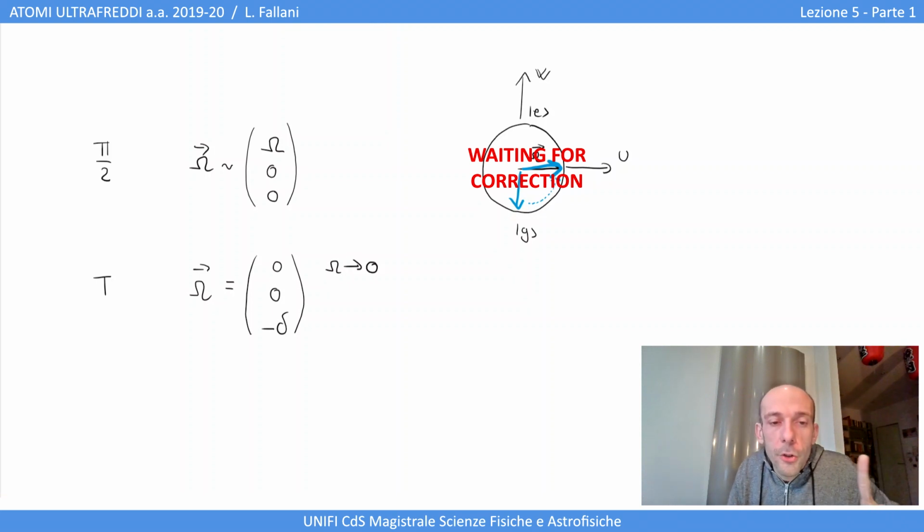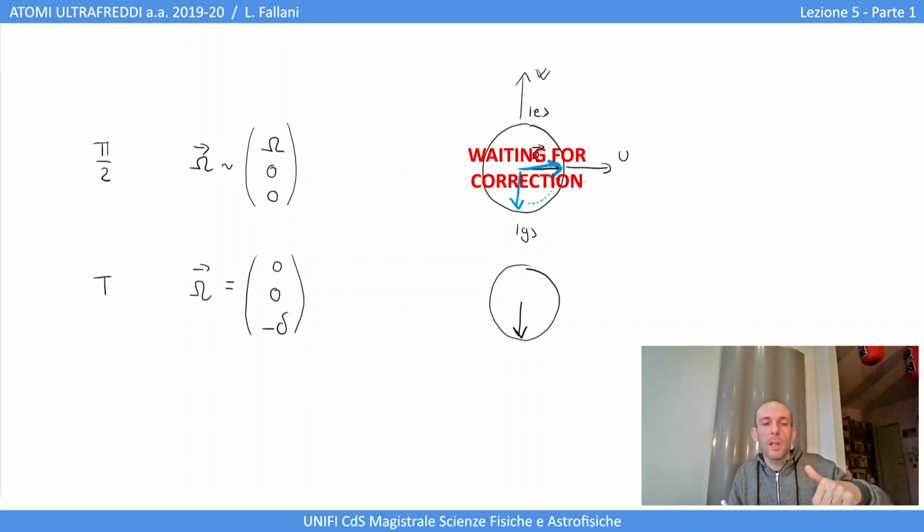And so during this time, we still have an evolution in the Bloch sphere. The Rabi vector will be pointing to the south pole or the north pole according to the sign of delta.